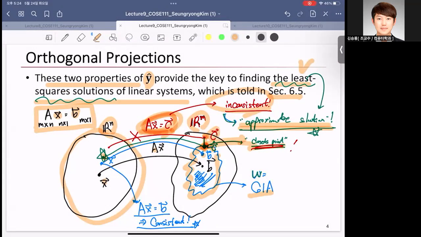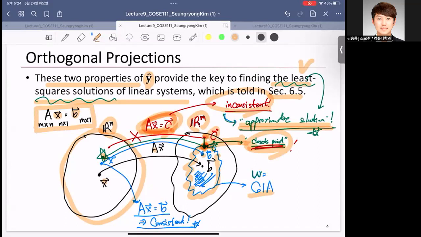The Gram-Schmidt process, which attempts to extract the orthogonal basis, can be used to solve this closest point problem, which will be discussed in chapter 6.5, maybe this Thursday. That's one of the applications.